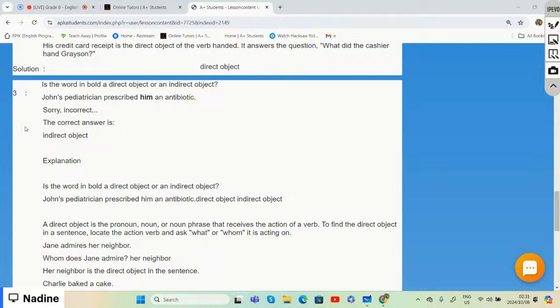It says John's pediatrician prescribed him an antibiotic. So him, is that a direct object or is that an indirect object?